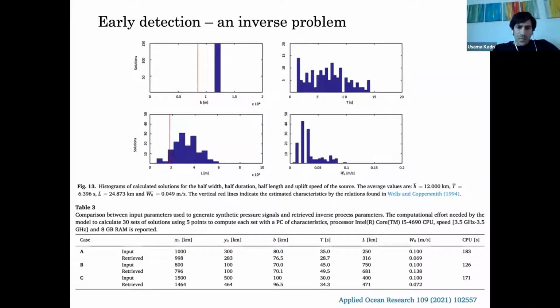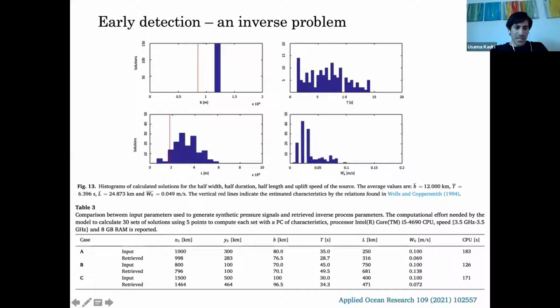Okay, and the nice thing about the inverse problem solution is that it's a probabilistic approach, which converges as it's running, so it can give you a real-time idea of what's going on, and as time is passing, it converges more and more, and gives you more confidence in the solution. Just to give you an example here with numbers, there are different cases here.